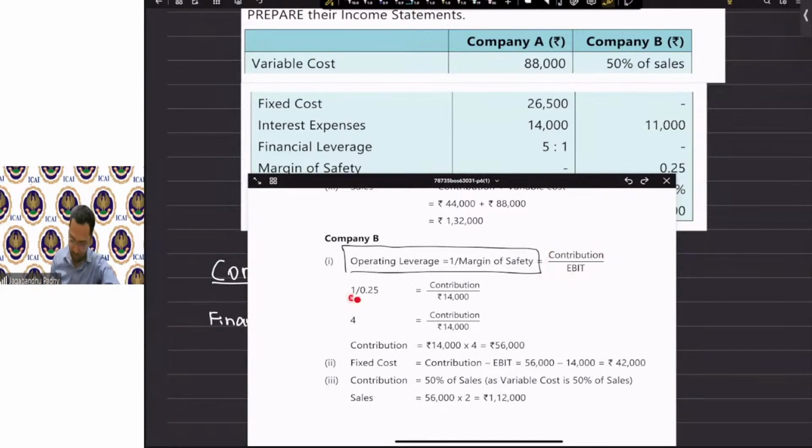Now, in the question, they have given us the margin of safety. 1 divided by 0.25 is contribution upon 14,000. Contribution is 56,000.